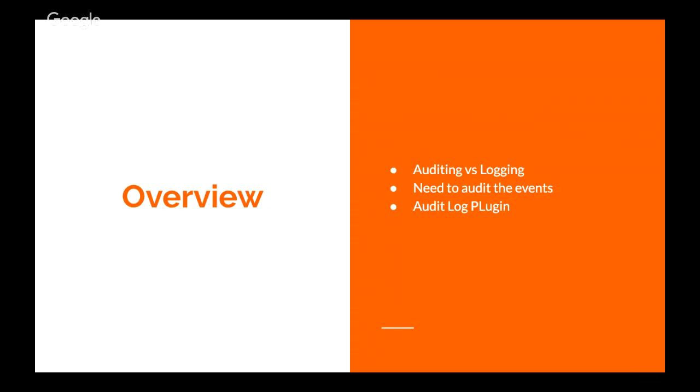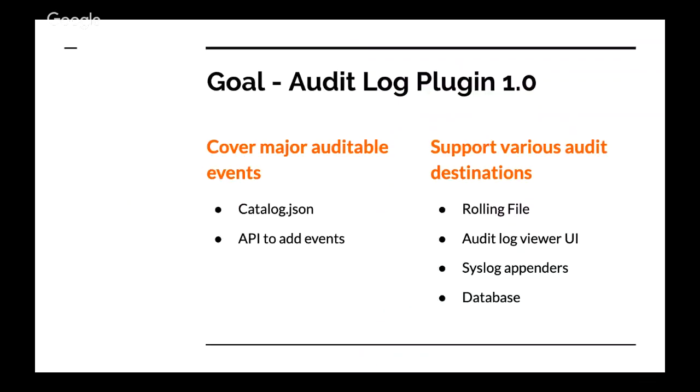As per Apache Log4j's mandate, the events are defined in a file called catalog.json. Currently, we have defined a few events. So basically, when something happens, the listeners are triggered to listen to the event, and then the plugin logs the audit events which are happening in the environment.